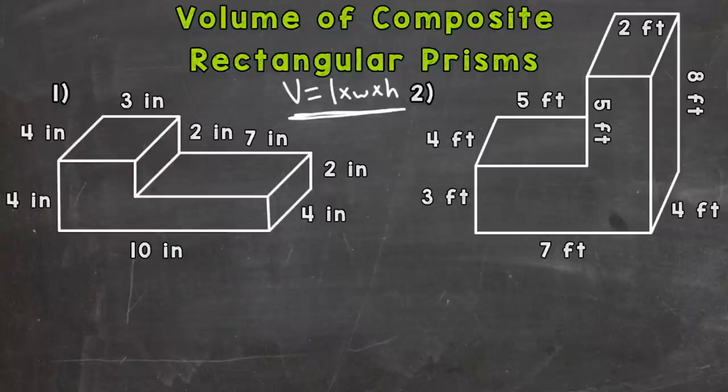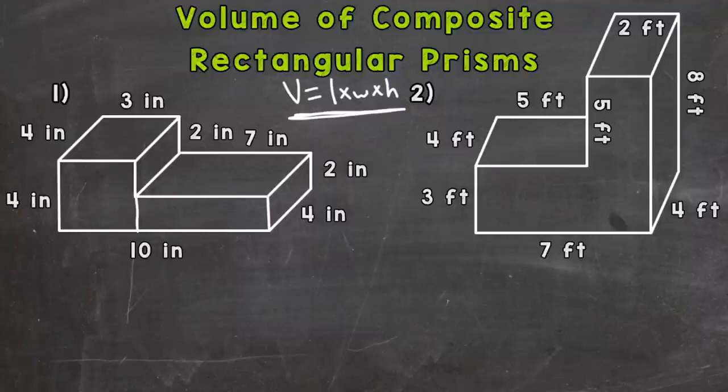And when we have composite rectangular prisms, the first thing we want to do is cut that figure into two separate rectangular prisms. So I'm going to draw a line here that's going to separate this into a left and right rectangular prism.